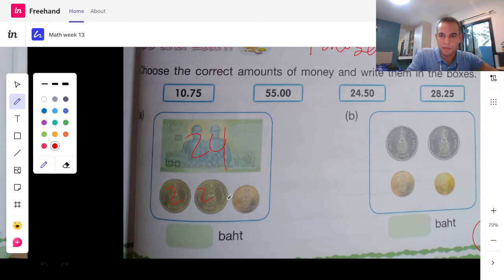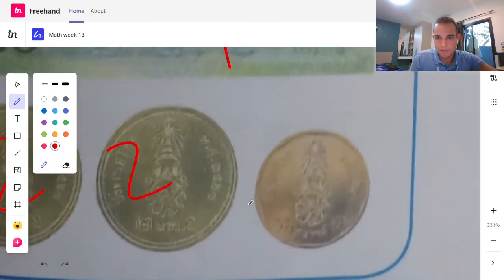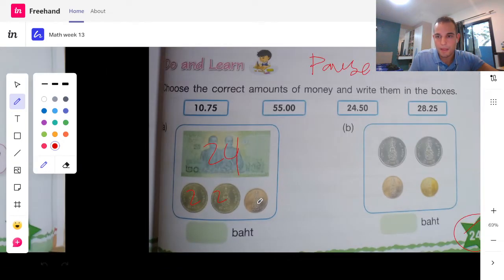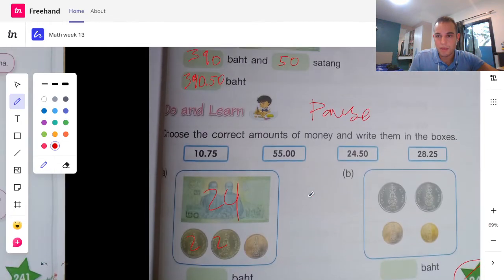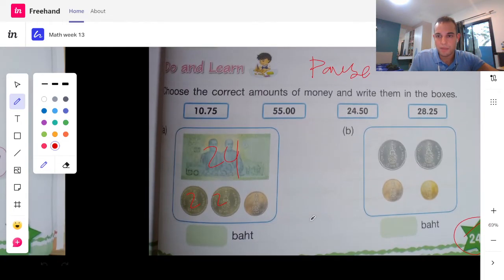No, this is 2 baht, so that makes this one 50 satang? I could have sworn that they were the opposite colors. It's okay either way, and this one must be the 25, and this must be the 50. Okay, so this is 50 satang.